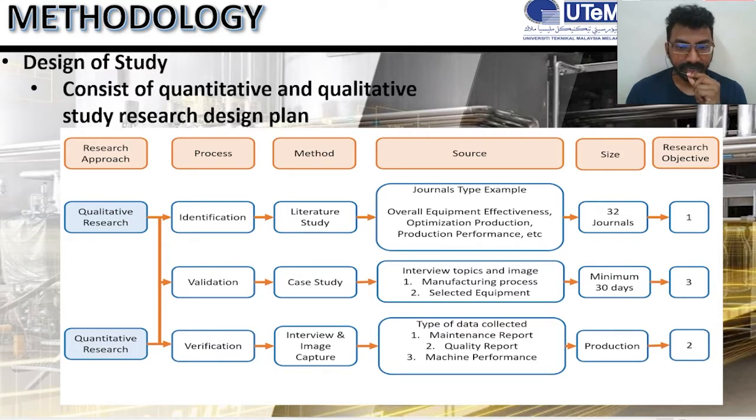The primary data is obtained from production details through interviews and also quantitative data collection such as the maintenance report. Through it, the measure of efficiency is identified. Then through validation, the case study is done to propose improvement based on the results.